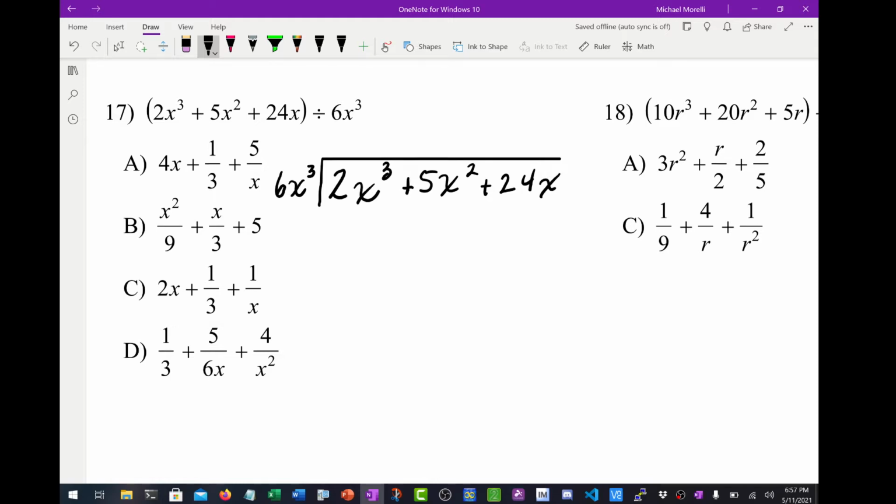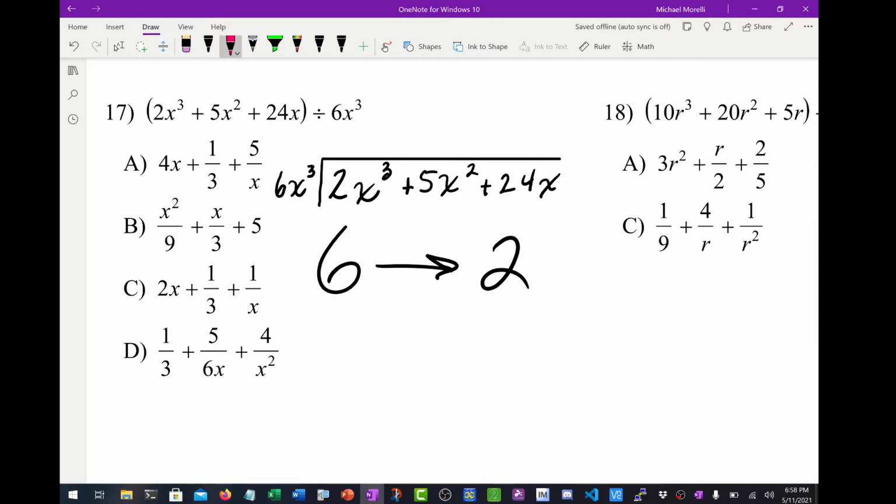Okay. And so with this problem, what you're trying to think of is, what would you need to multiply by 6x cubed in order to make it be 2x cubed? And you have to start thinking creatively here, because you're trying to turn a 6 into a 2. And how do you do that?